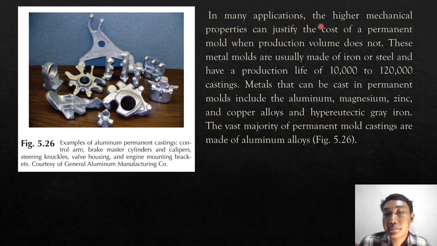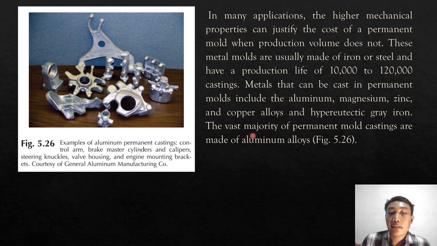In many applications, the higher mechanical properties can justify the cost of a permanent mold when product volume does not. These metal molds are usually made of iron or steel and have a product life of 10,000 to 120,000 castings. Metals that can be cast in permanent molds include aluminum, magnesium, zinc, and copper alloys, and hypereutectic gray iron.